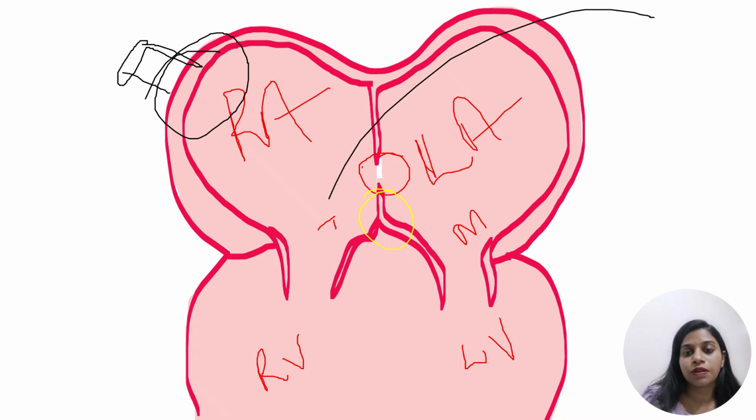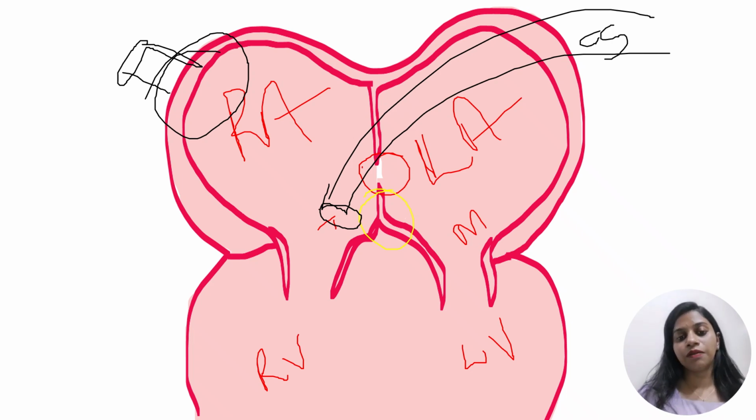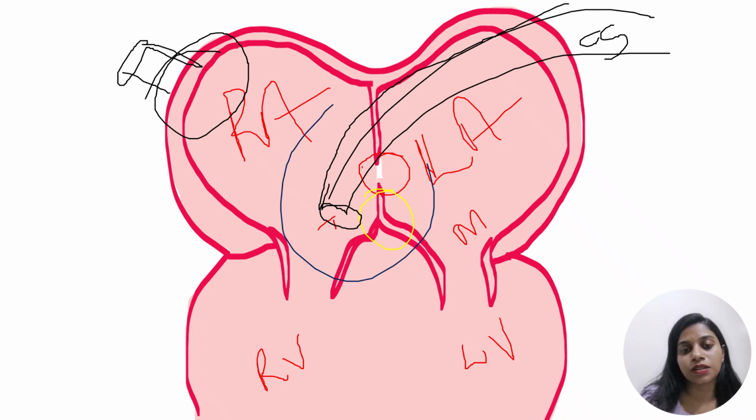And the coronary sinus defect means the CS is just posterior to the atrium, so we cannot see it actually. So this is the coronary sinus, and if a defect is happening, like any unroofing, or any defect happening in between this coronary sinus and the atrium, it is known as coronary sinus defect.